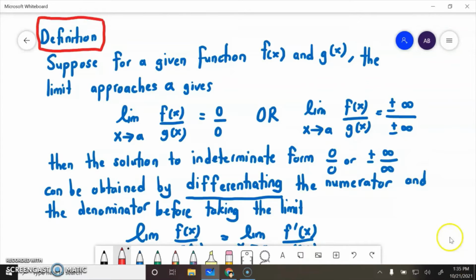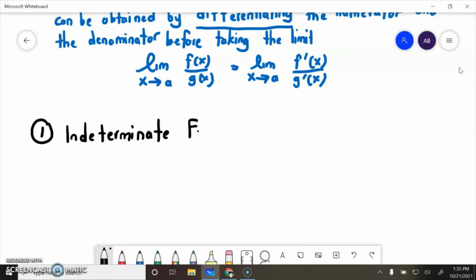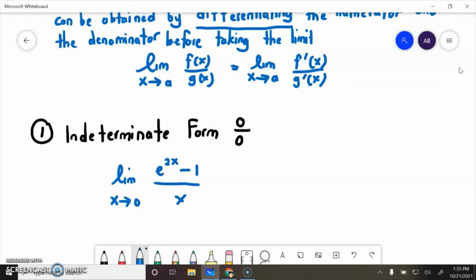Let's look at the first case, the indeterminate form 0 over 0. Take the limit as x approaches 0 of e to the 2x minus 1 over x.